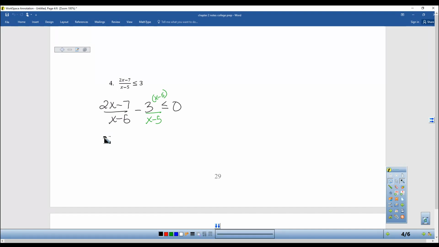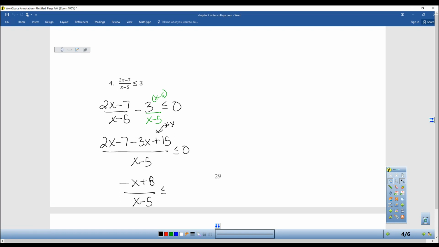So now I get 2x minus 7 minus 3x plus, watch that plus there, you're distributing the negative 3, plus 15 all over x minus 5, which gives me, not 5x, which gives me negative x plus 8 over x minus 5.